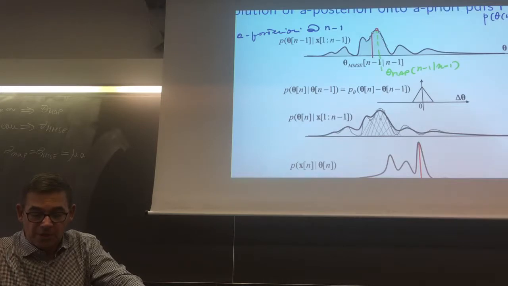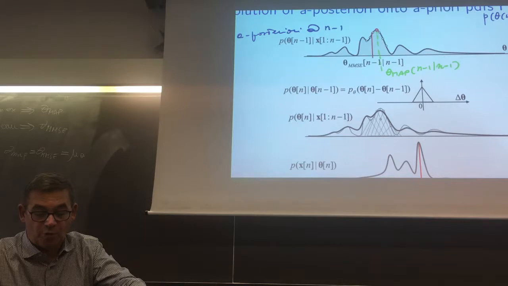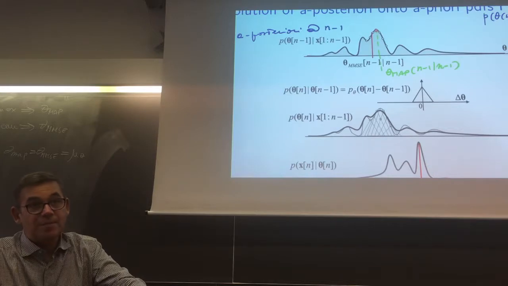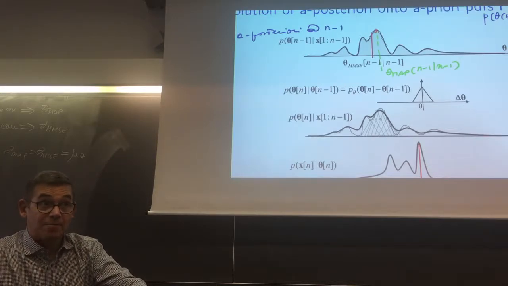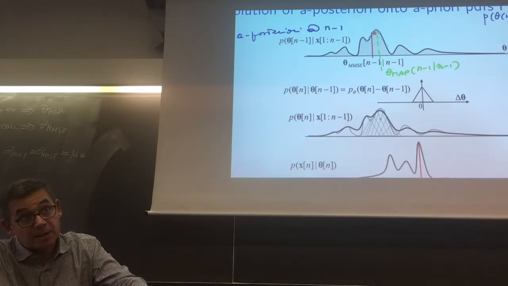Now, if I want to predict, so if I want to move from time n-1 to time n, that means that every time I'm sitting on one state at time n-1, I have a certain transition probability.